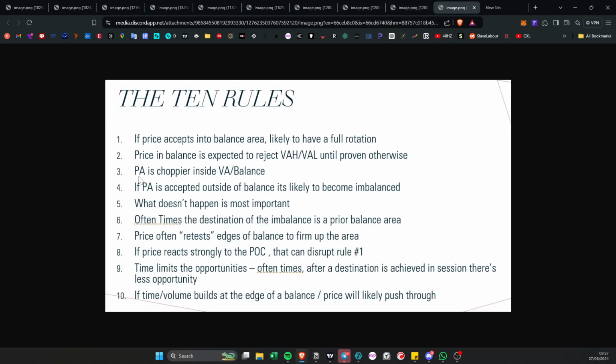This is one of the important rules which I want to mention. When you trade market profile, balanced ranges and unbalanced ranges, you can look into the 8th rule: if price reacts strongly to the point of control, that can disrupt rule number 1. Rule number 1 is if price is accepted into the balance area, it is likely to have a full rotation.